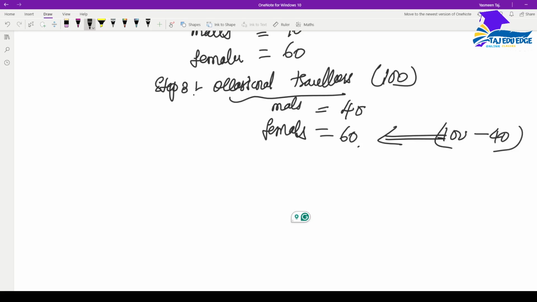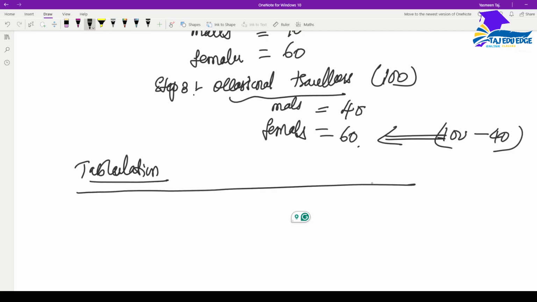Now we need to tabulate it. What we will do, we will draw a table first properly.